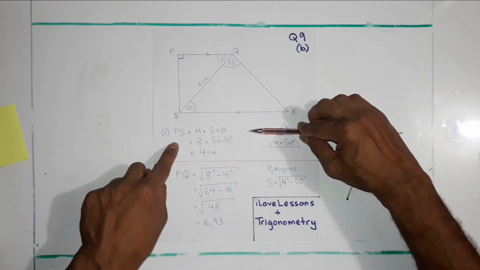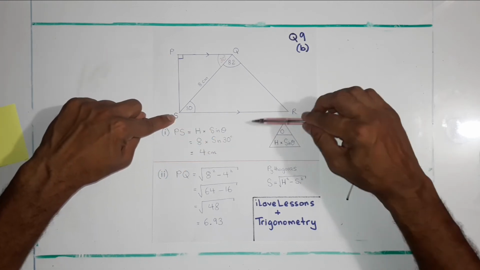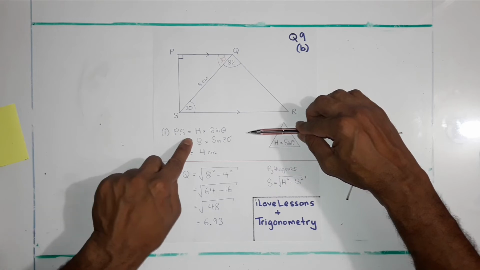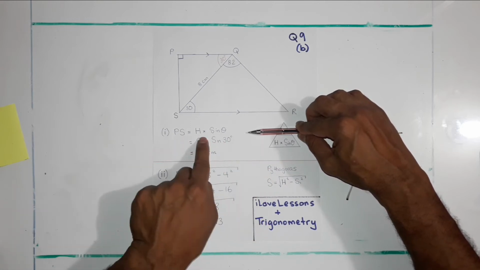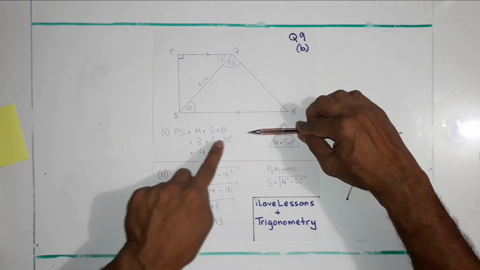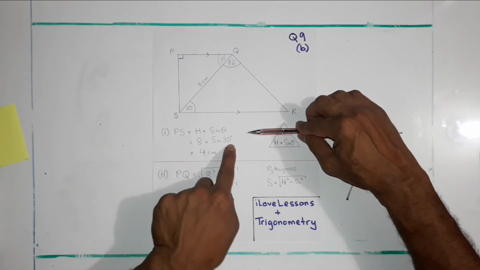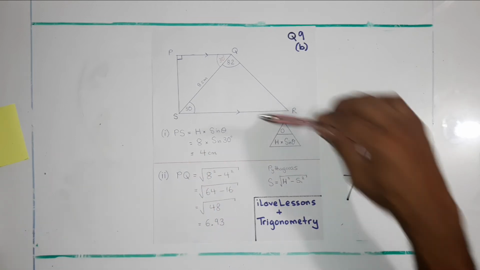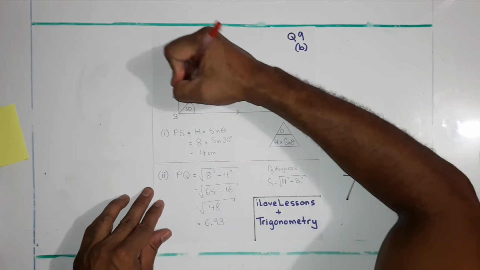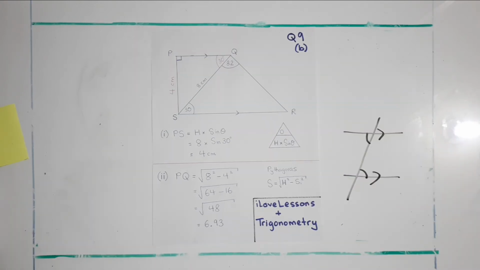We are trying to find PS, which is the opposite side. So PS is equal to the hypotenuse multiplied by sine theta. The length of the hypotenuse is 8 and theta is the angle we are standing in. Multiply this out and we will get 4 centimeters. So that means the distance from P to S is 4 centimeters.